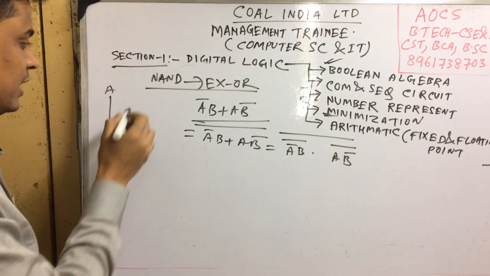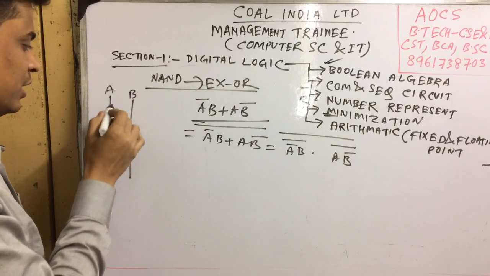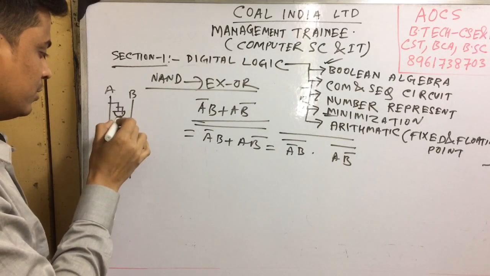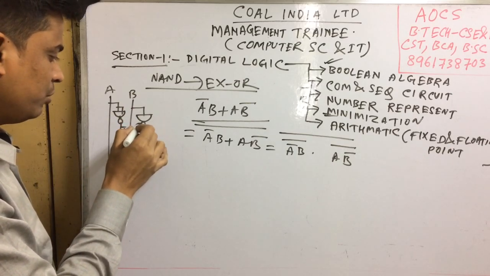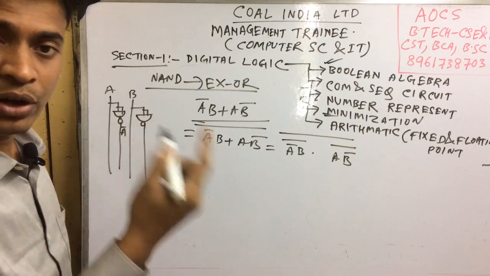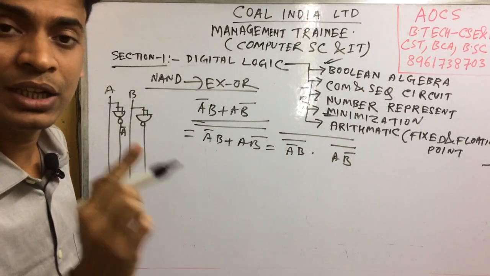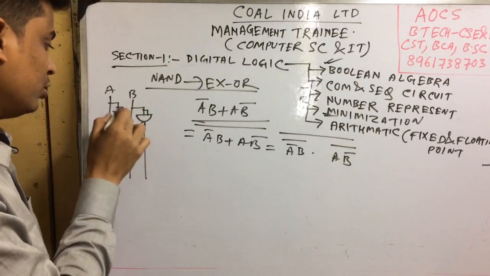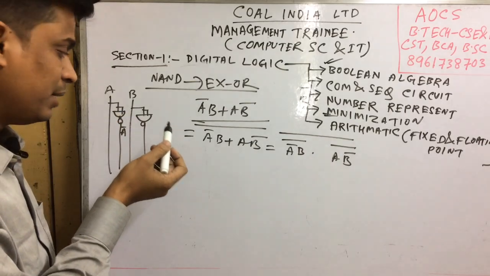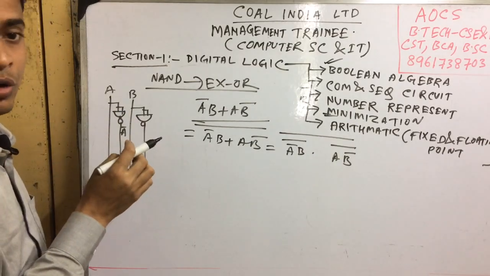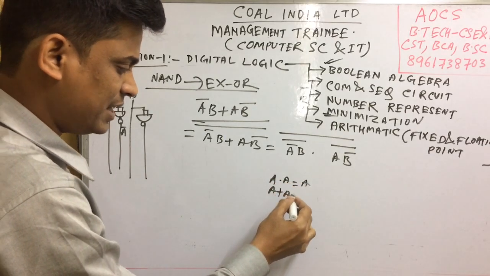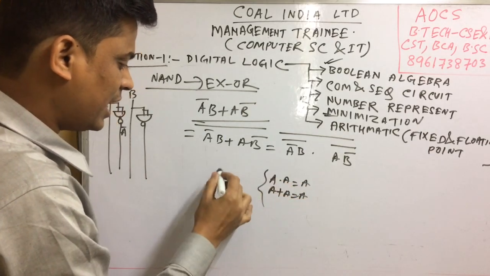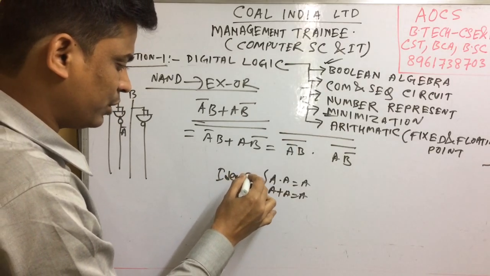This is A, this is B. A bar, with the help of, I have already told you that NAND gate and NOT gate don't accept a single input. So it is double input, A and A are same. This is called the idempotent law. A into A is A and A plus A is A, it is under the idempotent law.